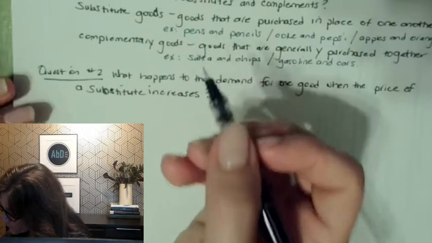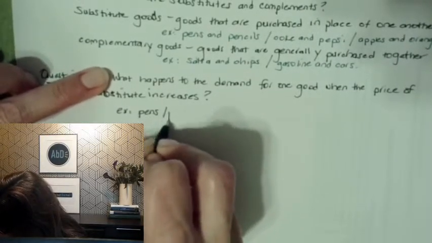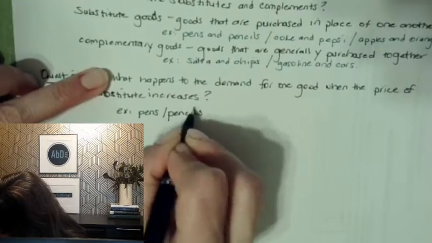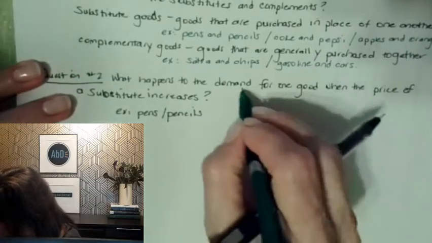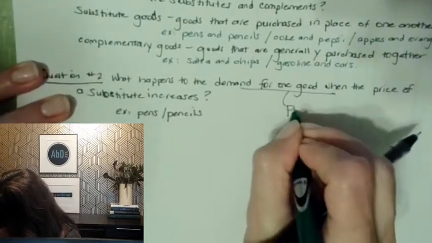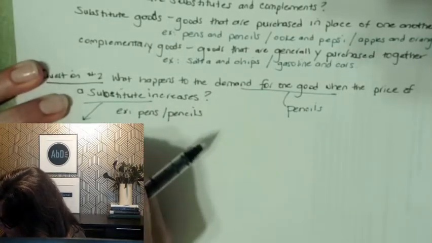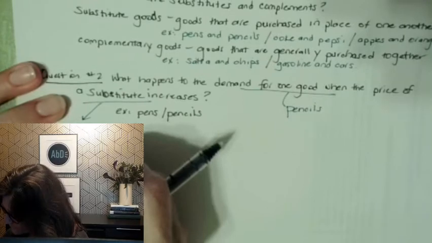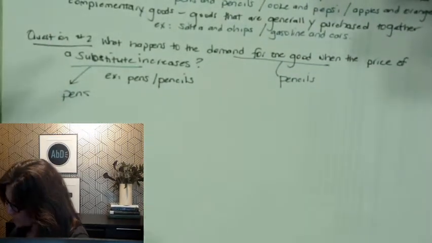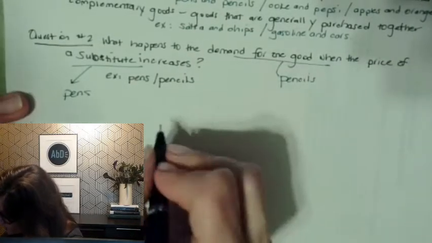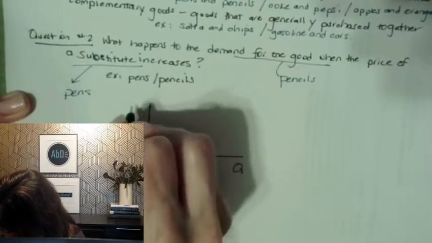So let's take a look at the first example that we had with pens and pencils. And let's take a look at what happens to the demand for pencils when the price of pens goes up. Okay, so we can start with the graph for pens.